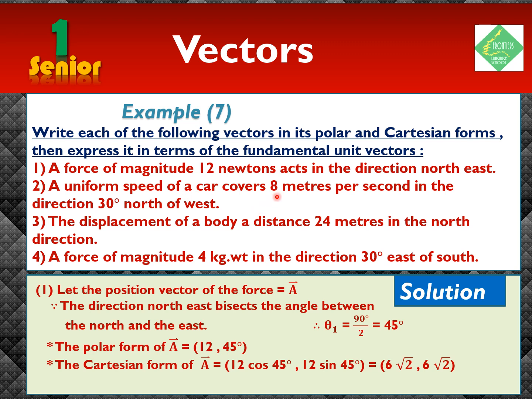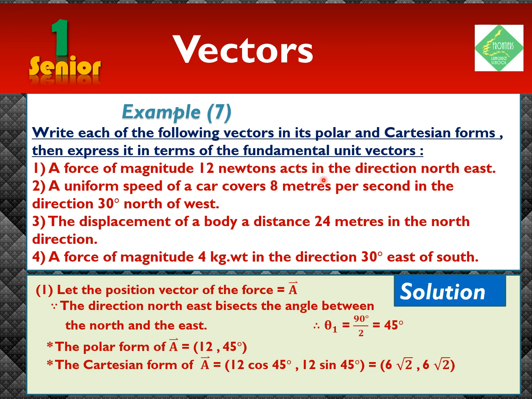A car with uniform speed covers 8 meters per second in the direction north of west. To get the angle, after west, stop at it, west is like this, the negative part of the x-axis, and go to north by inclination 30 degree.